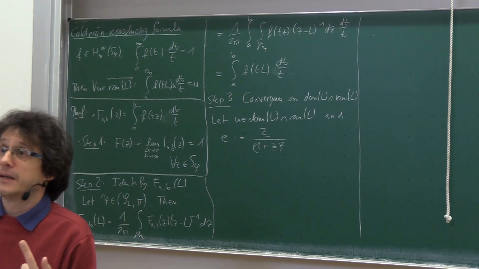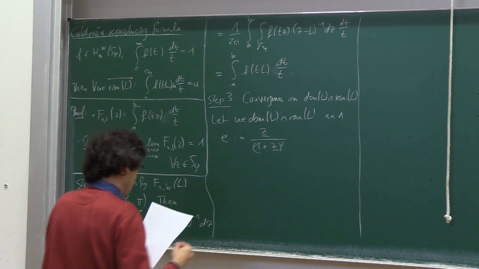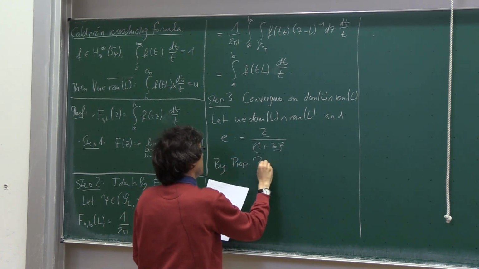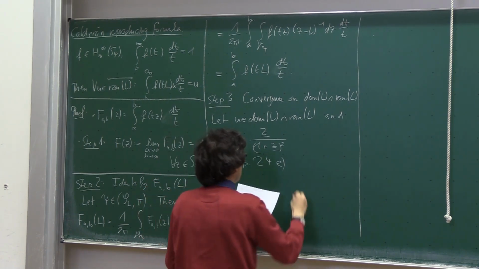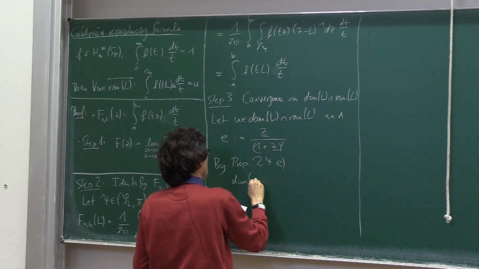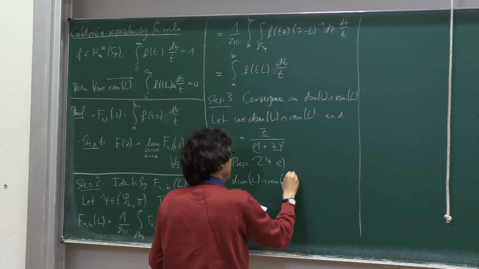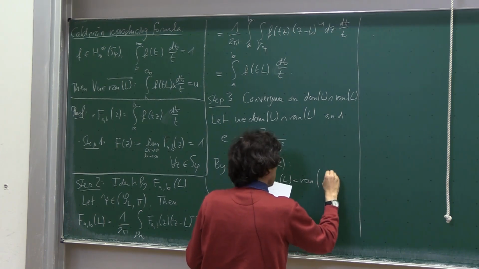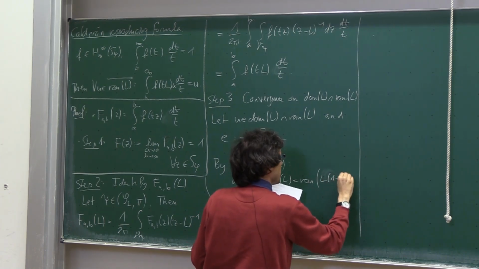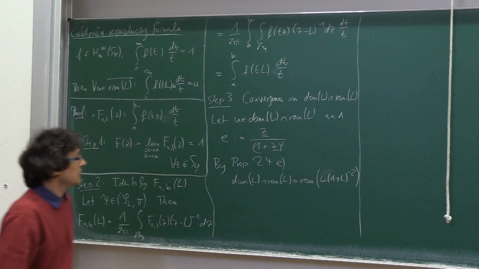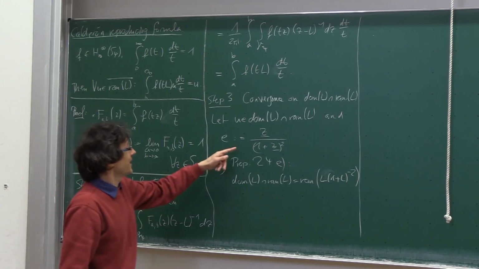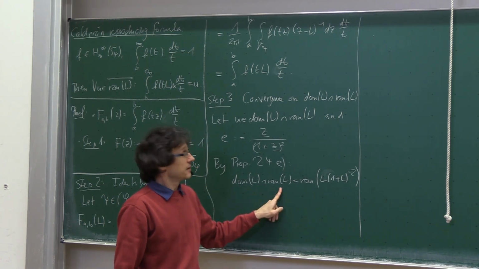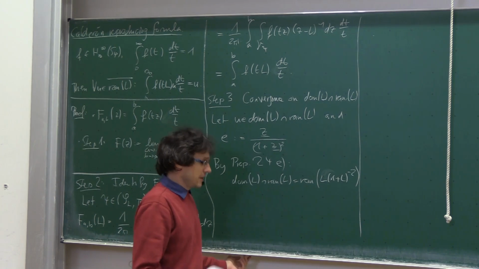But we use it because in the second lecture, in our all-purpose proposition 2.4, exactly in 2.4e, we showed that our space, domain of L intersected with range of L, is intimately linked to this function. It's the same as the range of L times (1 plus L squared) to the minus 1. So this was proposition 2.4e. If you plug in L here, you get this operator, and the range of this operator is exactly the domain of L intersected with the range of L. This is 2.4e, and this we will use now.